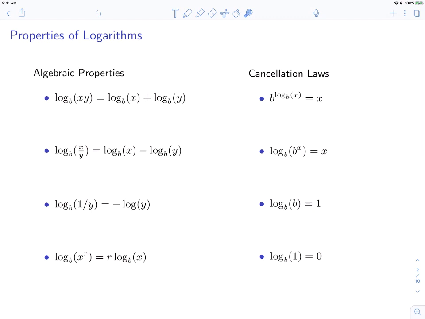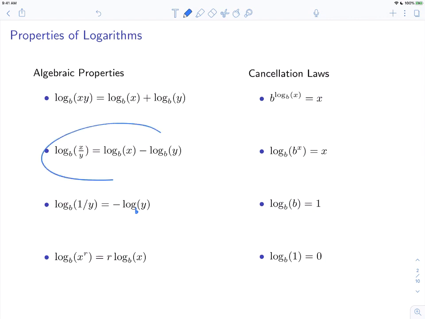The next property is a special case of the previous one. Log base b of 1 over y is the opposite of log base b of y.